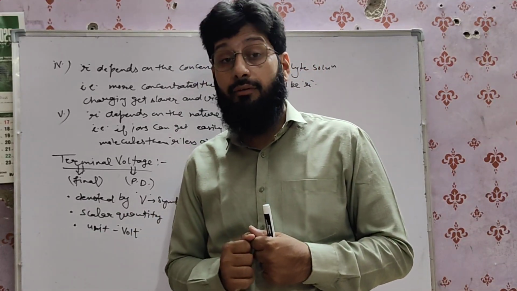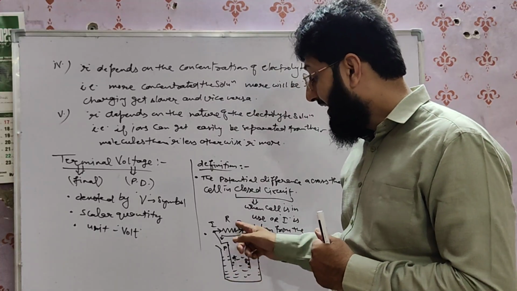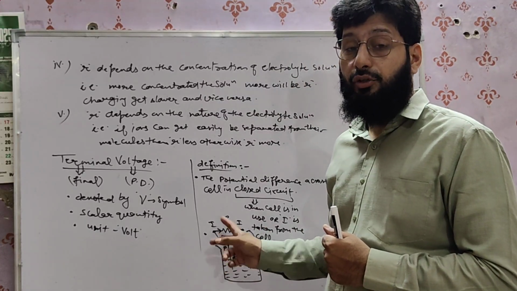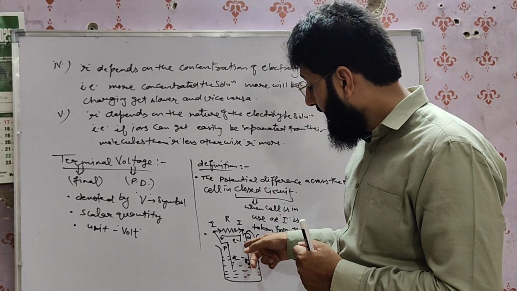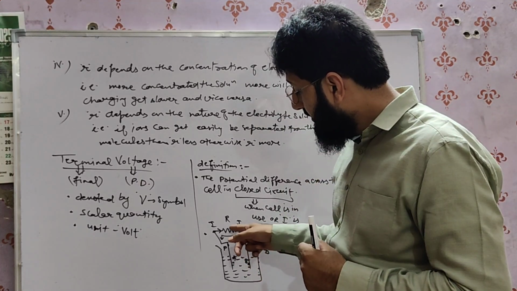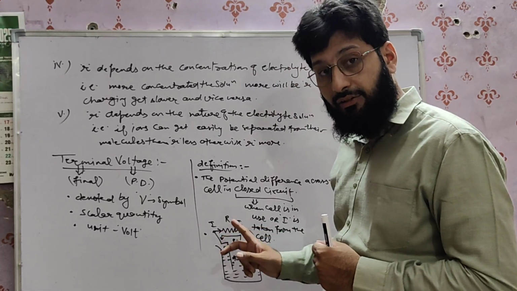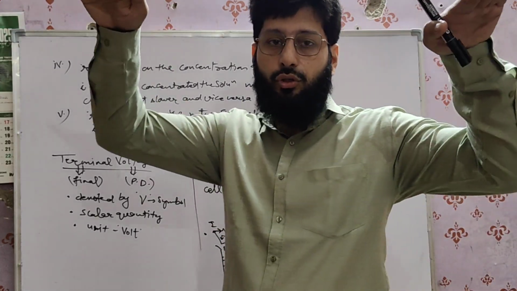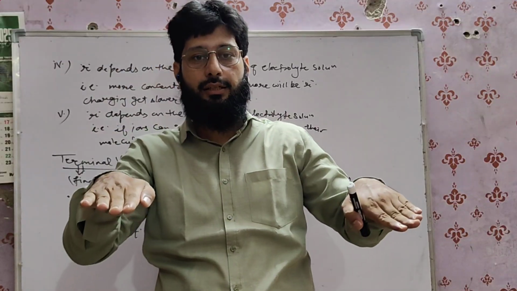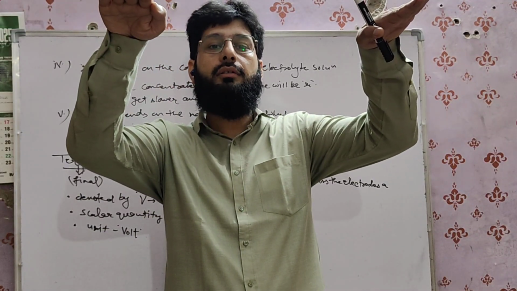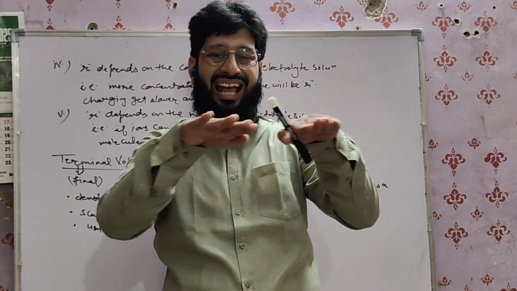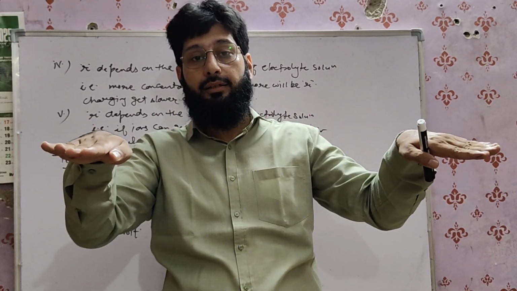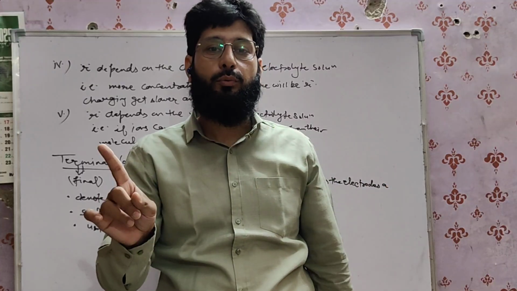But when you connect a wire from one electrode to another electrode, what will happen? Electrons will start drifting from the bulb to this wire and to this electrode. So the charge on the electrodes will decrease, and the potential on the electrodes will decrease, but only up to a limit. The charge cannot become zero.